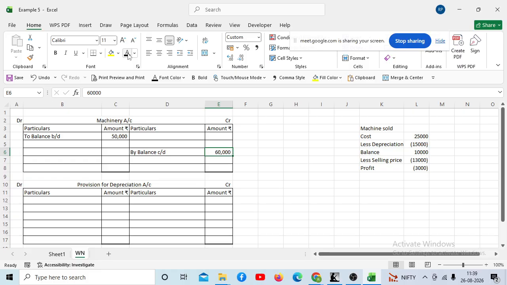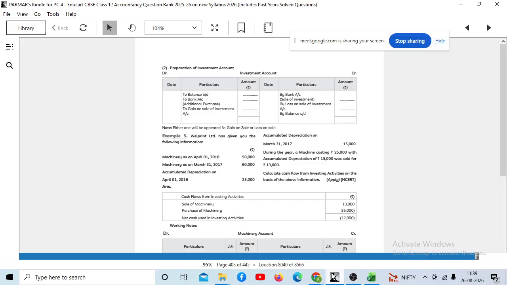Okay. Now provision for depreciation. Accumulated depreciation is nothing but provision for depreciation. Now provision for depreciation is a liability. So what is the normal balance for liability? Credit. So where will we write the opening balance?